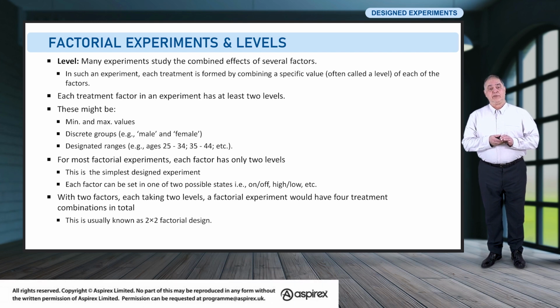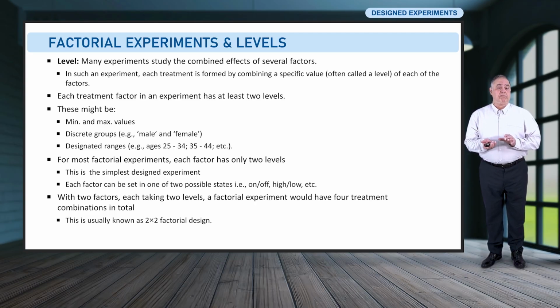Each treatment factor in the experiment has at least two levels, and this might be the minimum and maximum values, discrete groups, for example, male and female, and designated ranges, for example, ages between 25 and 34, 35 to 44, etc.